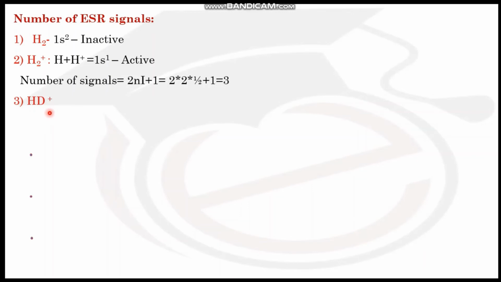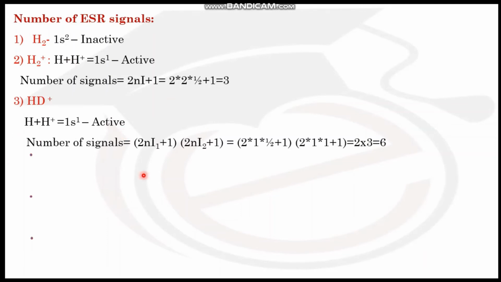Third compound, HD plus. Here also one electron is there, and it's active, right? The number of signals will be, in the case of splitting, only the difference coming. Here one is hydrogen, the other is deuterium.